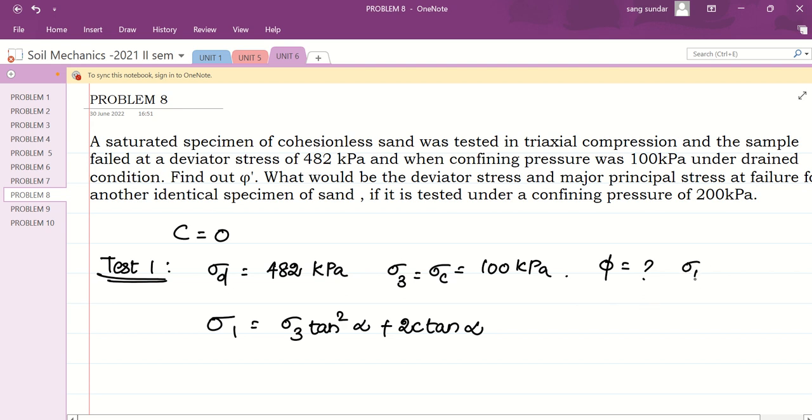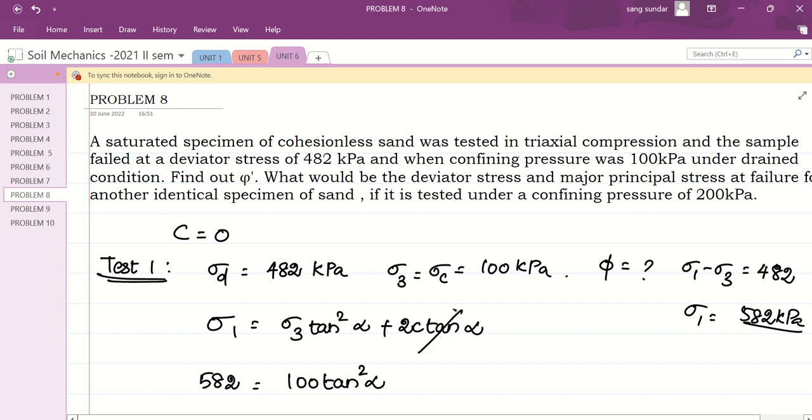Sigma 1 minus sigma 3 is 482, so sigma 1 is 482 plus sigma 3, which is 582 kPa. So 582 is equal to 100 tan square alpha. No need to worry about the cohesion term because it's a cohesionless sand in which C is equal to 0.